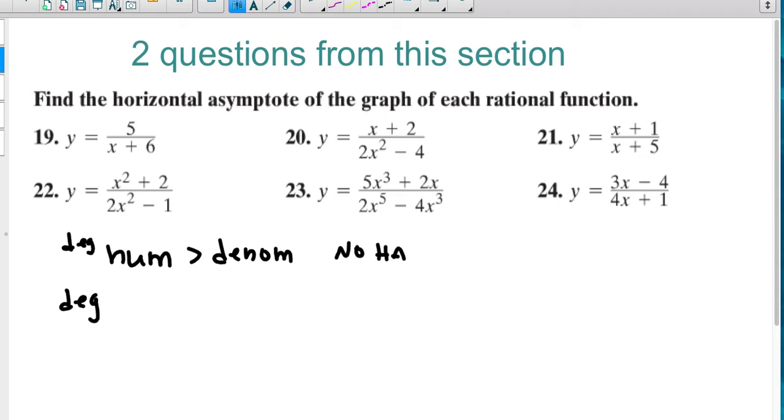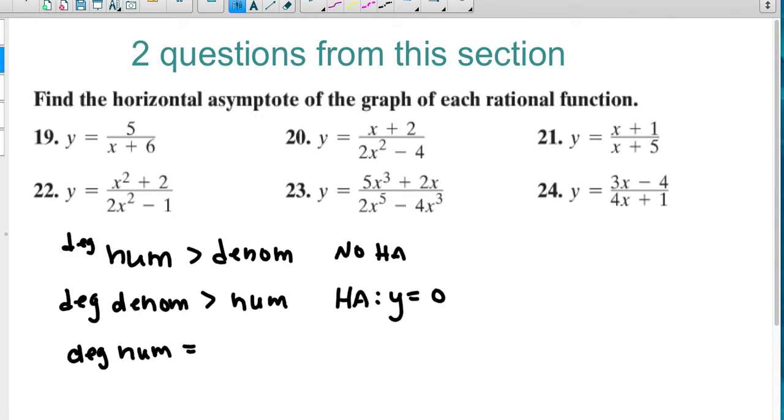If the degree of the denominator is greater than that of the numerator, then this one has a horizontal asymptote of y equals 0. If the degree of the numerator is equal to the degree of the denominator, then your horizontal asymptote is y equals a over b.